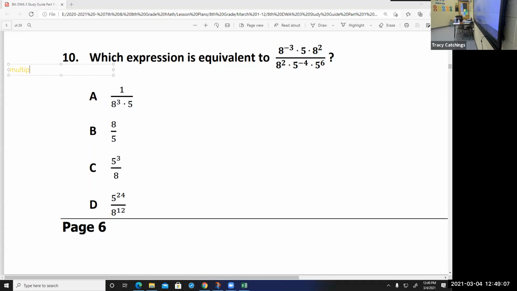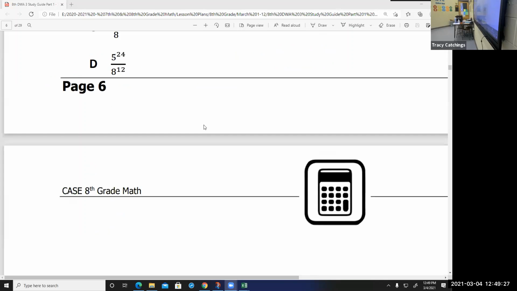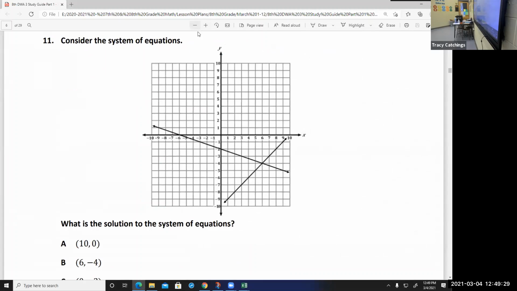When we multiply by the same base, we add exponents. We did 10. Answer was 8. Okay, so London, get with Tamia to get 10, just so we can try to squeeze in as much as we can get.